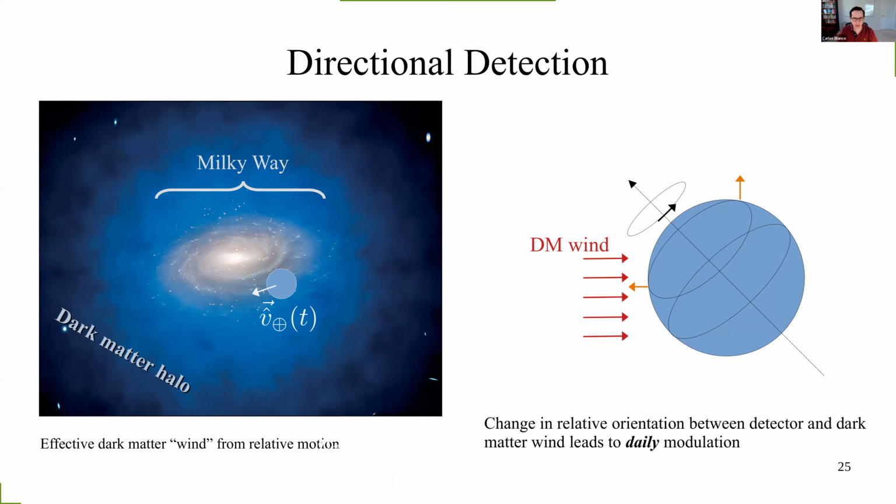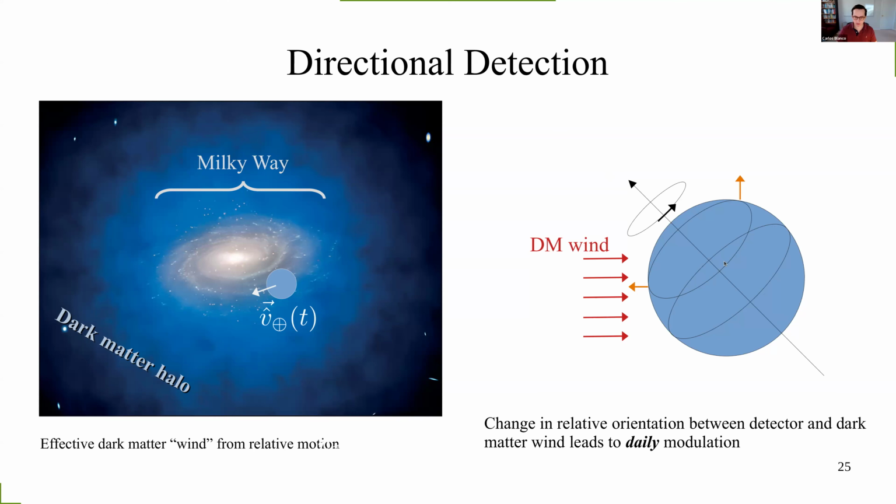Well, here again, we have our dark matter halo, and I've cheated you at the beginning because we're not at the center of anything, right? We're off to the side, and so we don't see this perfectly isotropic thing. We actually see an effective dark matter wind. And because the Earth is tilted on axis with respect to the wind, that means that if at noon the wind is coming from your ceiling, 12 hours later, it might be coming from one of your walls in your lab.